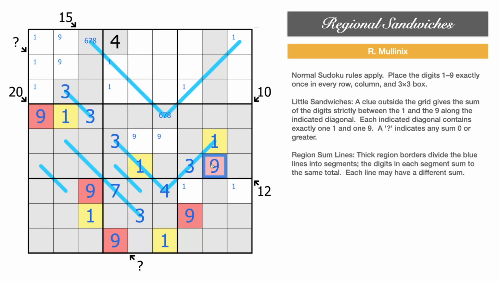The sandwich has to sum to 15, so this can't be 1 because that would be a 0 sum. So this is the 1, which places a 1 in box 3. Verify that. 9's over here somewhere. No, that doesn't place a 1. There's a 1 there.